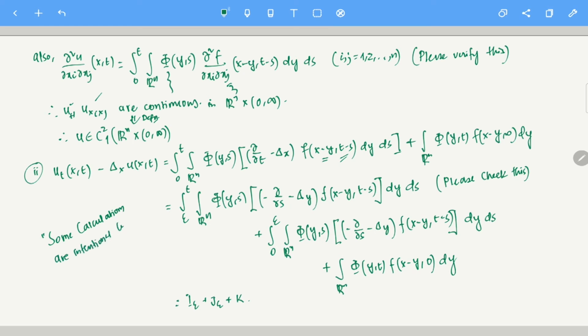Because if you do some calculations yourself, you will become more fluent with what is happening here, with this change of variable formula and the integration by parts formula. The more you do it yourself, the more fluent you get. That is why I did not explicitly write down every particular detail.